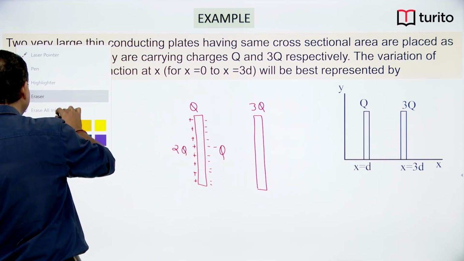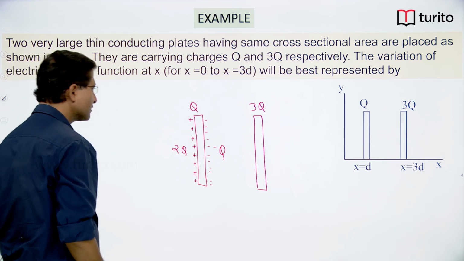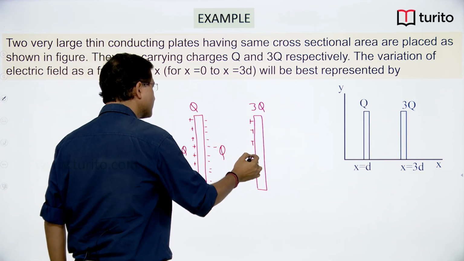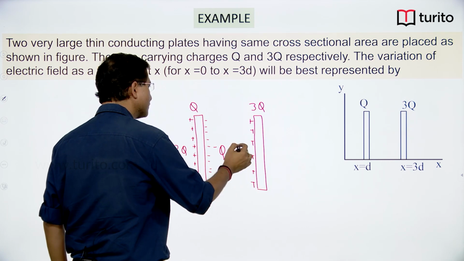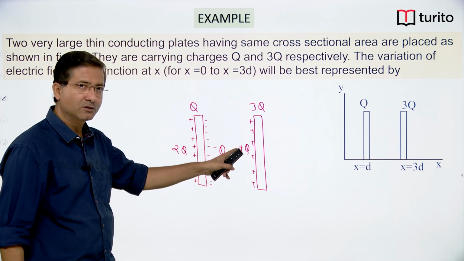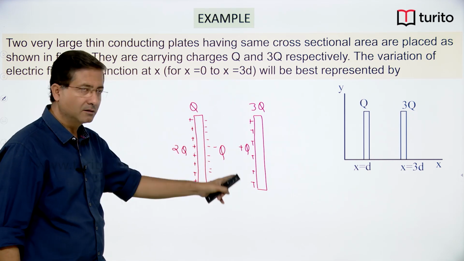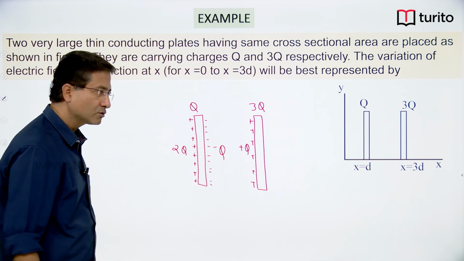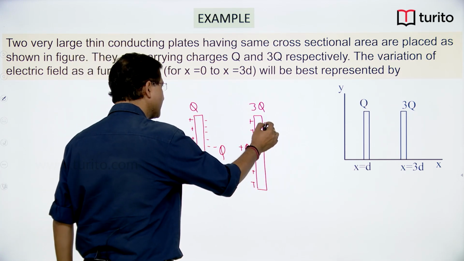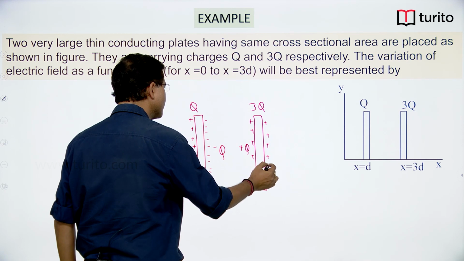The facing surface, as we know, carries an equal amount of opposite charge. So, the charge appearing on this side of the surface will be plus q. If on this side it is plus q, total charge is conserved, like this total has to be 3q, so the charge appearing on the other side of the surface will be the remaining charge, 2q.